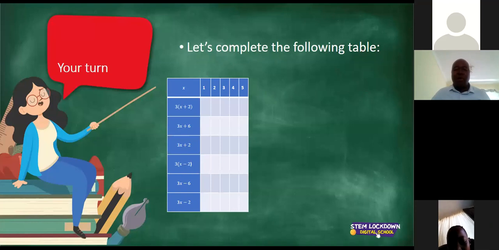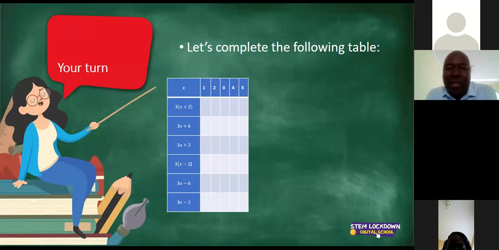The table consists of about 6 columns and 7 rows, with the unknown there being x. As you can see, 1 represents the value of x. So you've got the value of 3 multiplied by x plus 2. I want us to complete this table in this particular class now.